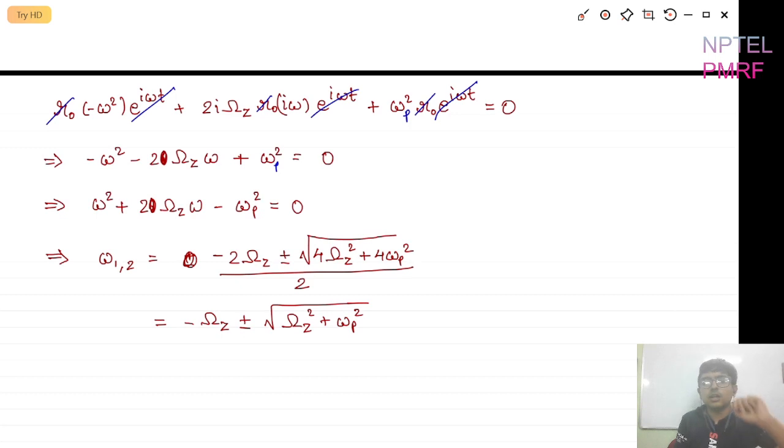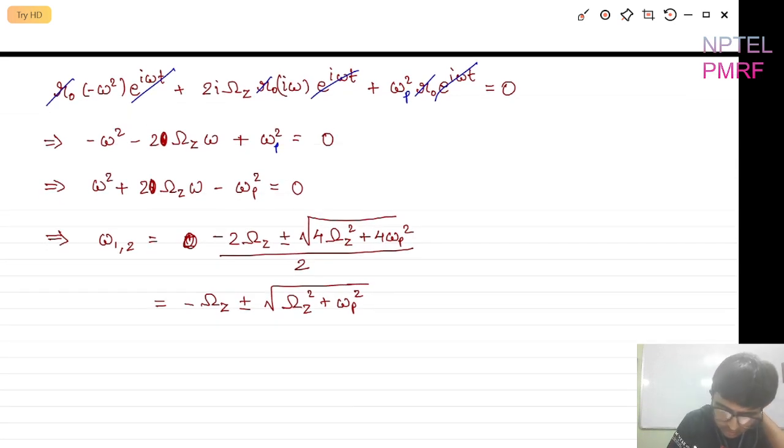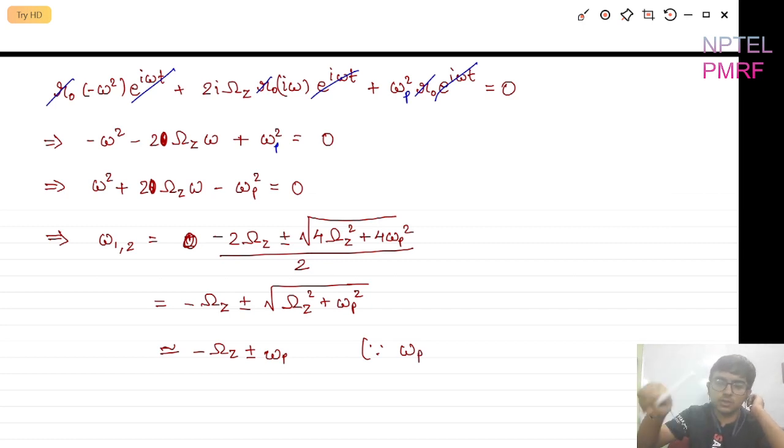Okay, and another thing is that this is roughly equal to minus omega z plus or minus just omega p. The reason is that omega p, which is the frequency with which the pendulum swings, is much larger than this omega z, which is the rotational speed of Earth. Right? Earth rotates once in a day, while the pendulum does many rotations in a minute or an hour.